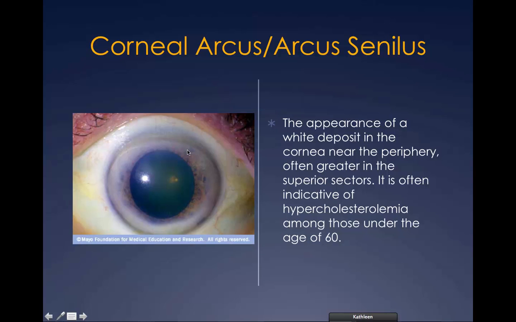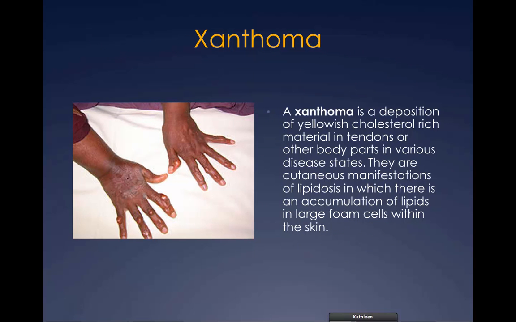It is often indicative of hypercholesterolemia among those under the age of 60. Xanthoma is a deposit of yellowish cholesterol-rich material in tendons or other body parts in various disease states. They are cutaneous manifestations of lipoidosis in which there's an accumulation of lipids in large foam cells within the skin.